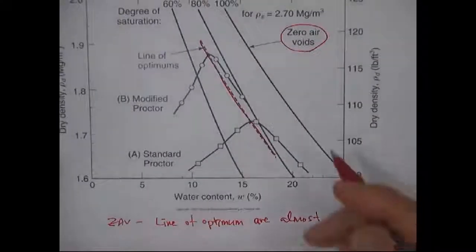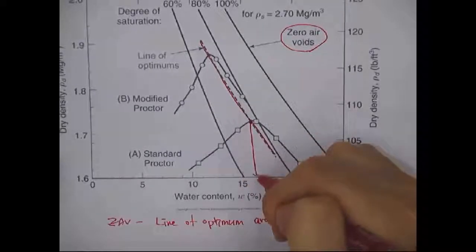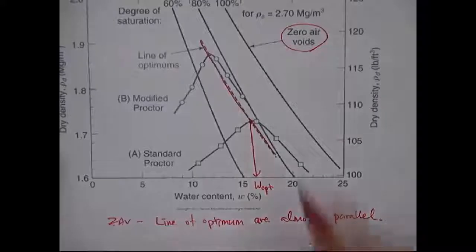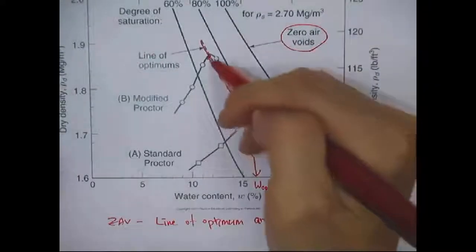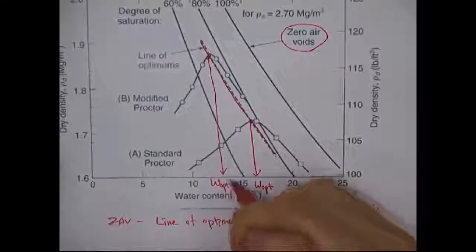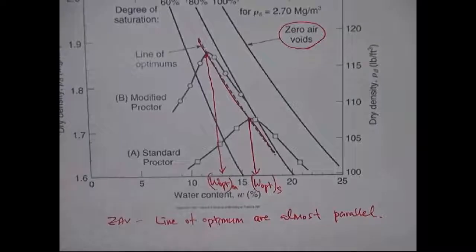Then where will be the optimal water content? The optimal water content is here, right? w opt, and here is another w opt from the modified Proctor test and from the standard Proctor test.